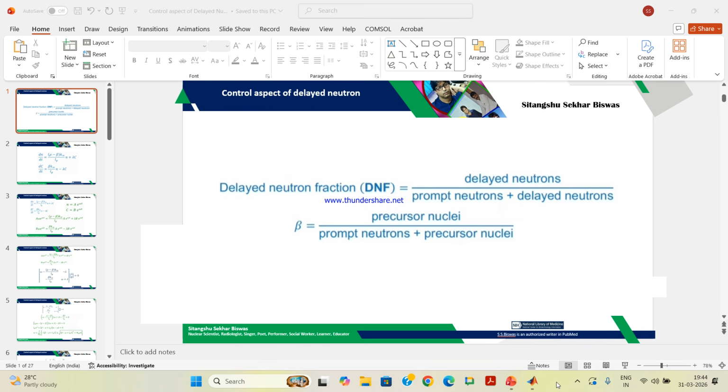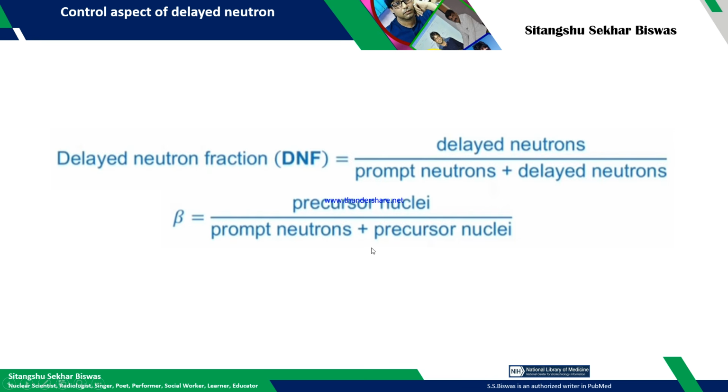The majority of the neutron population inside the reactor will be prompt neutrons, and a very small fraction of neutrons come at a comparatively slower rate from the delayed neutron precursors. Those are called delayed neutrons, but they are very important to control the reactor.